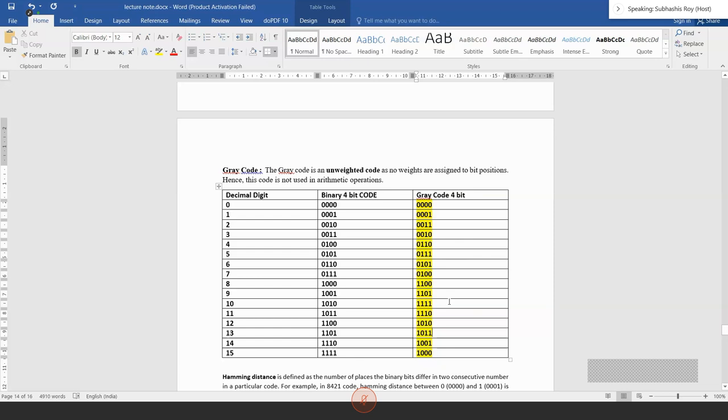As only one bit position is changed when you go consecutively, sequentially from 0 to 1, 1 to 2, 2 to 3 like this, there is less chance of error. In a digital system, if the number of bits change arbitrarily, for example from 0 to 1 one bit changes, but from 3 to 4 two bits change, and from 6 to 7 three bits change, and you apply that code in a live system, in a computer system, then the power consumption of the system will increase.